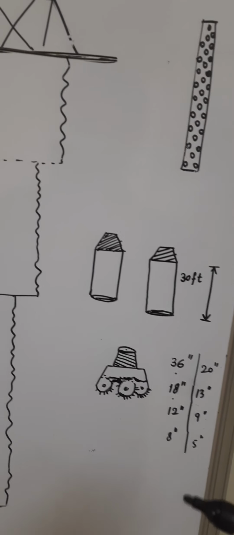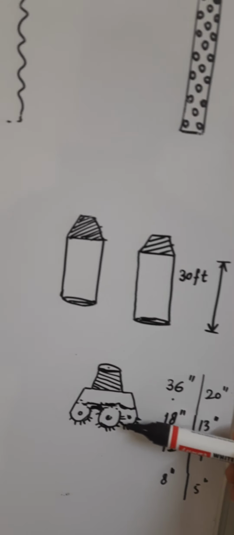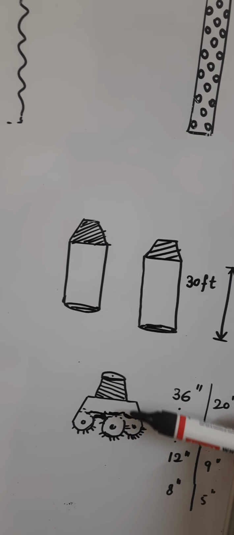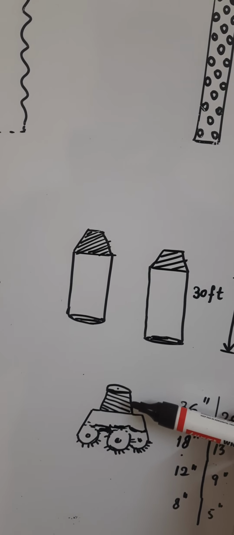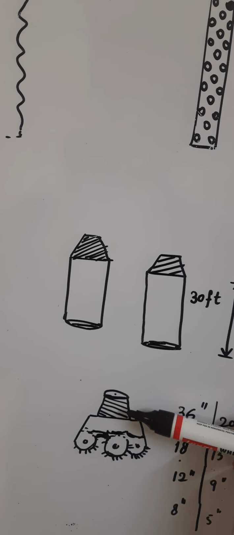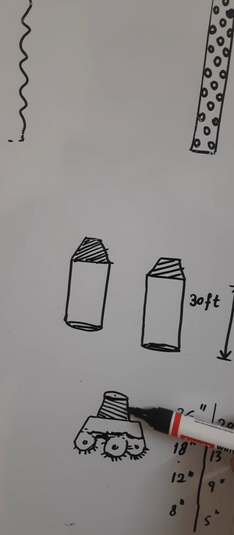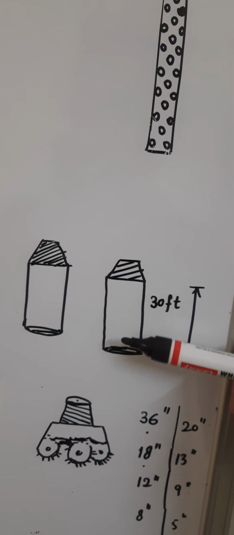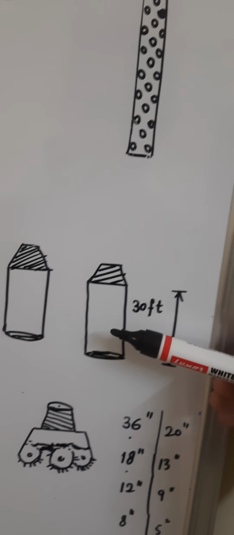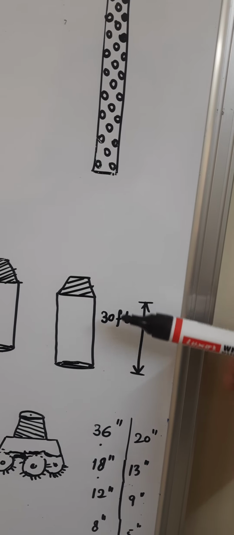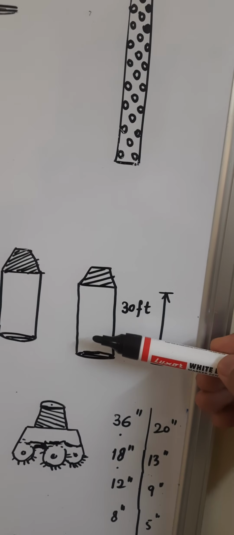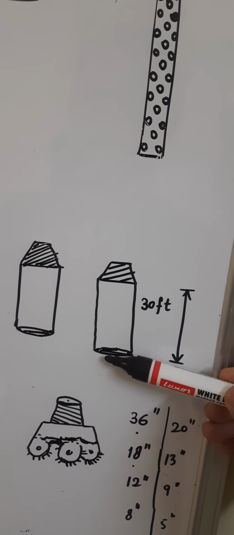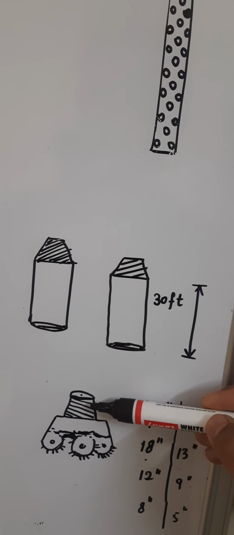Now we take this bit or drilling cutter. It has the cutter at the bottom, and this is the threaded portion called the pin section. This threaded portion is connected to pipes. This is a pipe. It looks very small, but actually it is around 30 feet long. This pipe has a box section here, and this is the pin section.